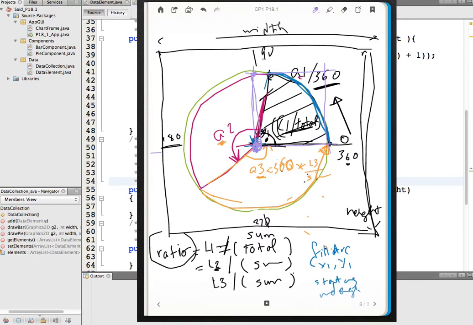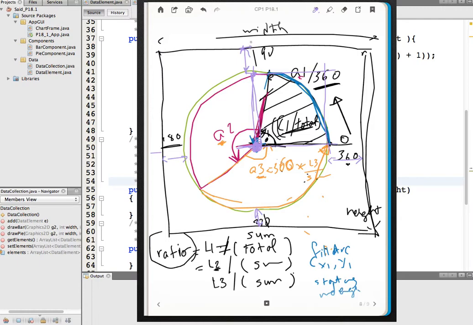If you look at the height, you're leaving a clearance here, and the same clearance here. If you want to center that circle, then the center point is the width over 2, height over 2.